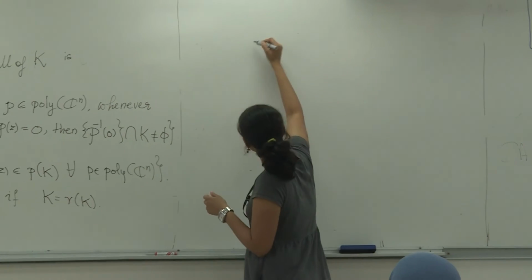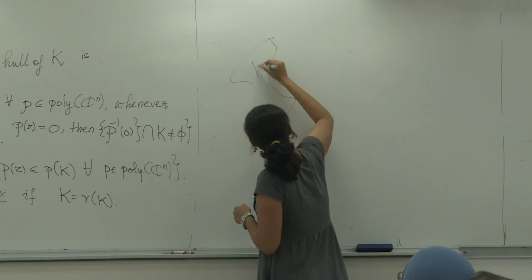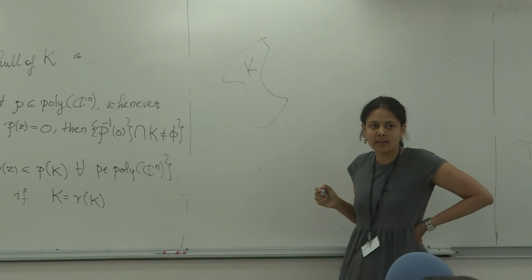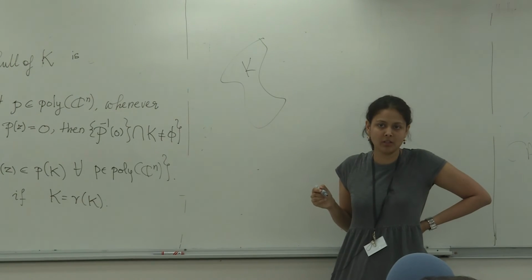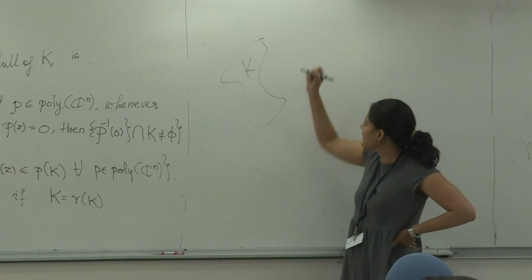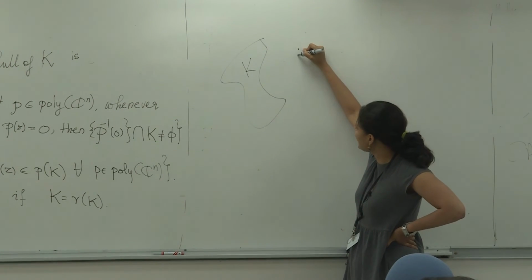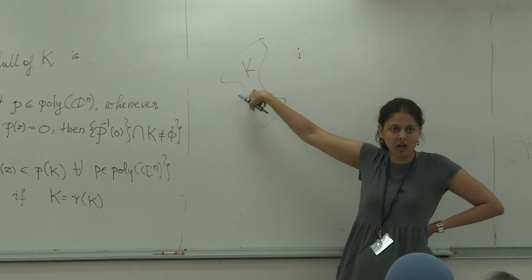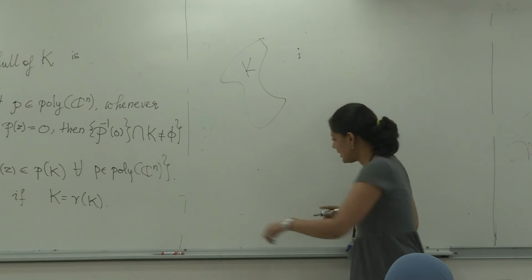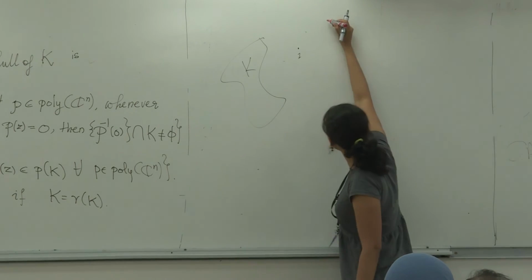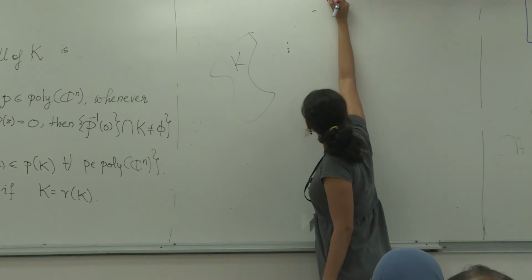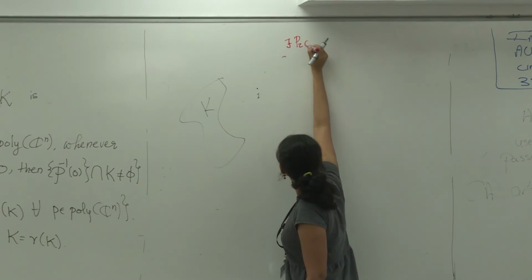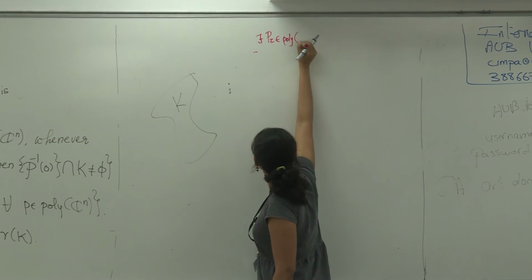So a set K is rationally convex if it coincides with its rationally convex hull. What that means is that if I take a point outside it, this point is not going to be in the rational hull. And what does that mean? It means that you can find some polynomial, let's say Pz, that depends on this point.